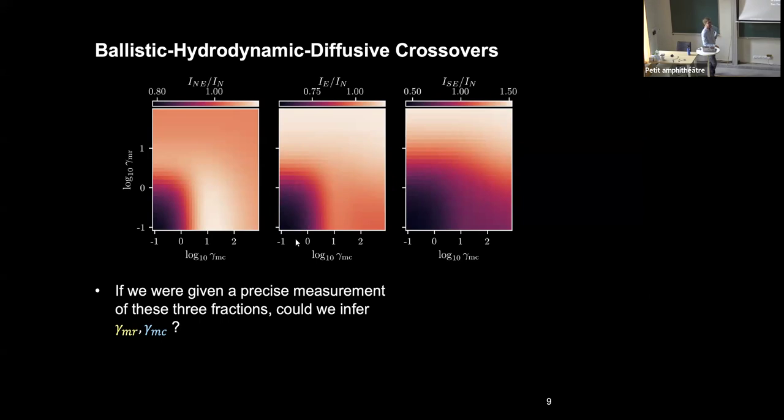But the question I was interested in is, if I were handed these three heat maps, and I was also given a precise measurement of the three fractions in an experiment, could I infer this momentum relaxing rate and this momentum conserving rate in some sort of best fit or Galerkin type of way, just from the single measurement of the three branching fractions?